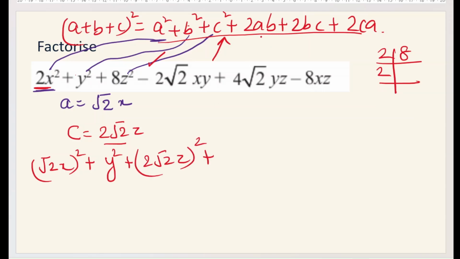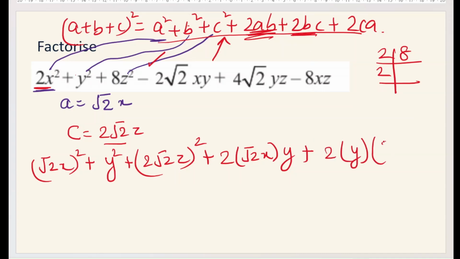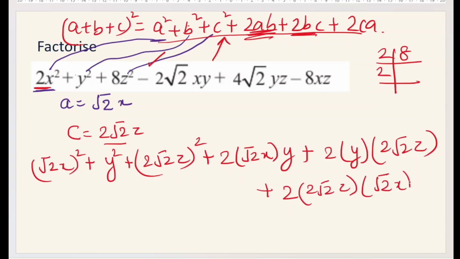Plus 2AB, so 2 multiplied by A, square root of 2 into x, into B. Plus 2BC, so 2 multiplied by B, which is y. What is the value of C? C is 2 square root of 2 into z. Plus 2CA. What is C? 2 square root of 2 into z into A. What is A? 2 square root of 2 into x.